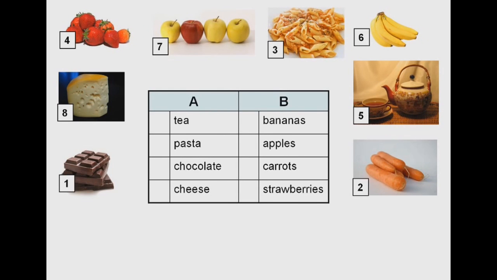The exercise is, I want you to put the number of the correct photograph in front of the word. So, for example, tea. Which number is tea? Well, it is this one. So we put number 5 in front of the word.